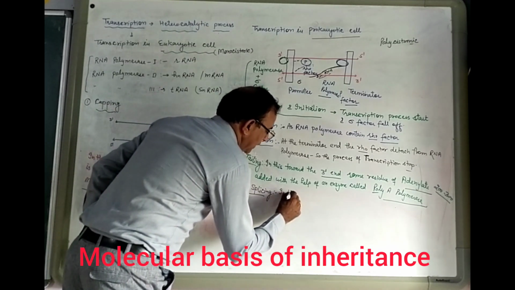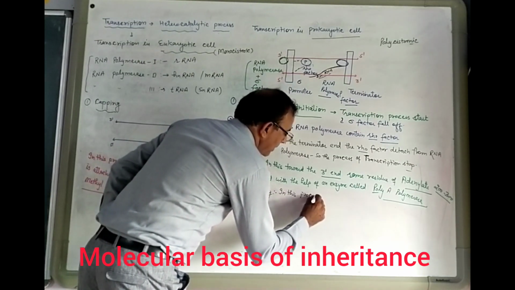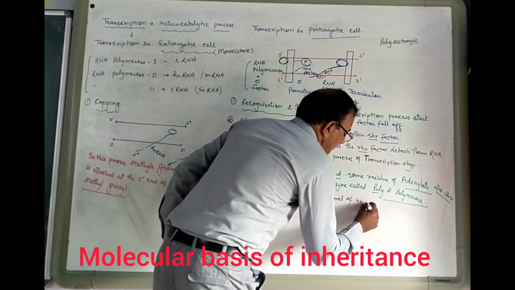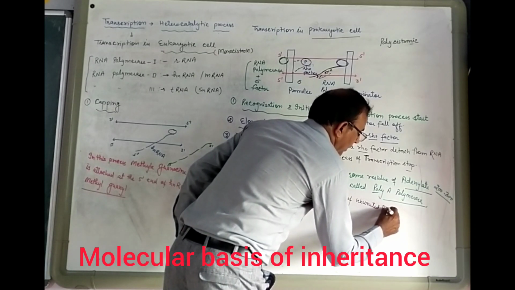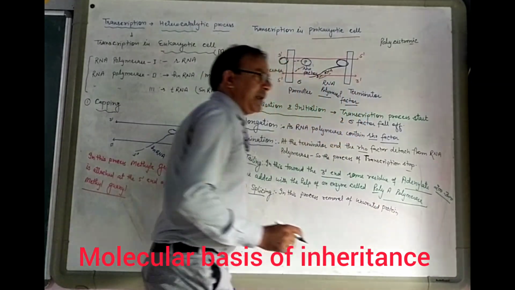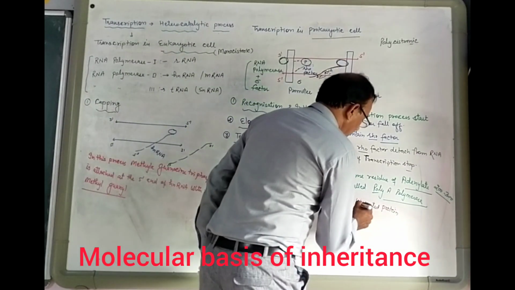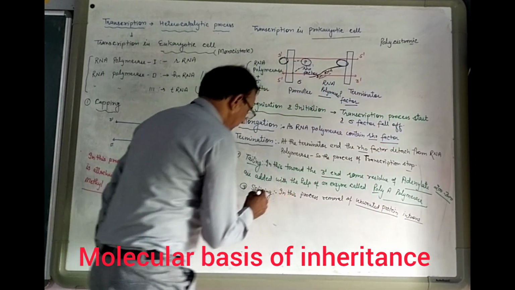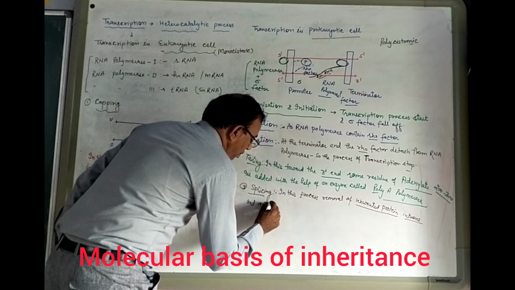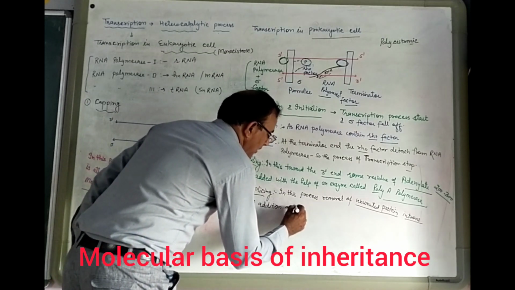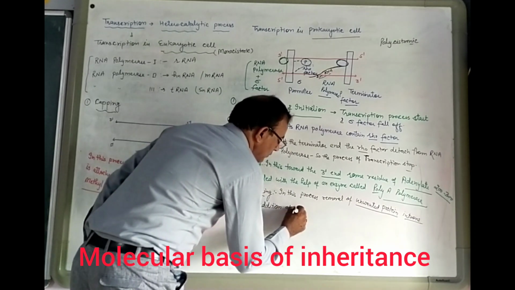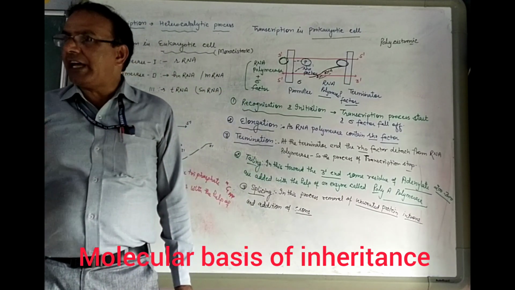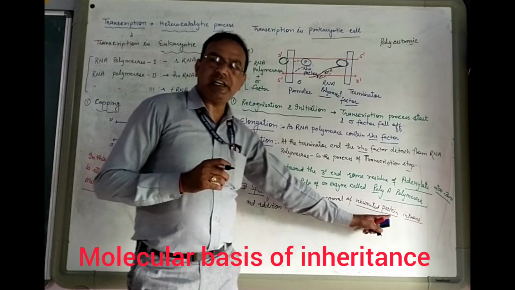In this process, the unexpressed or unwanted sequences, the introns, are removed, and the exons are added. Exons are the wanted, expressed sequences which can be used in the mature stage, and introns are not used in the mature stage.